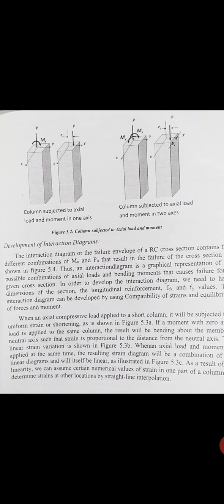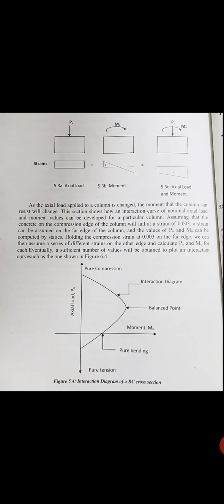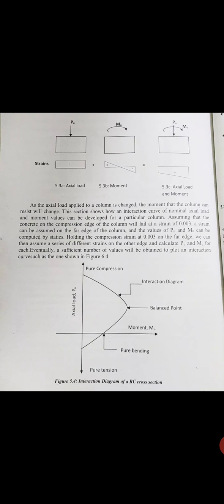As a result of this linearity, if we know the strain at one part of the column, it determines the strain at the other locations along the straight line. You can see here Figure 5.3, which shows the strain depending upon the Pu and the moment. The first is axial load, the second is moment, and the third is axial load and moment.